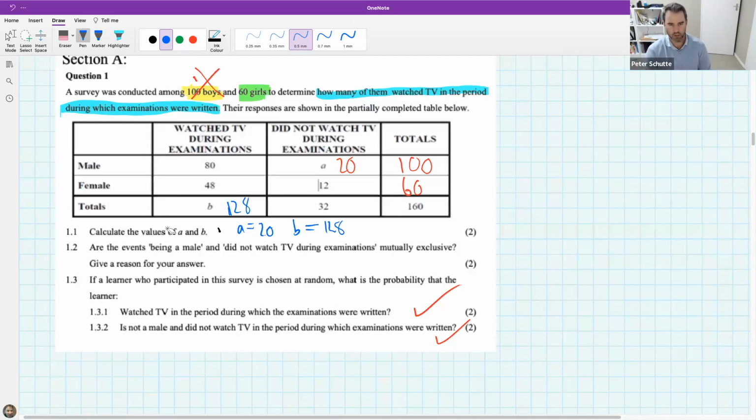Okay, what about 1.2? Are the events being a male and did not watch TV during examinations mutually exclusive? Give a reason for your answer. What do we think about that? Are they mutually exclusive? Are they not? Why not, Lorato?